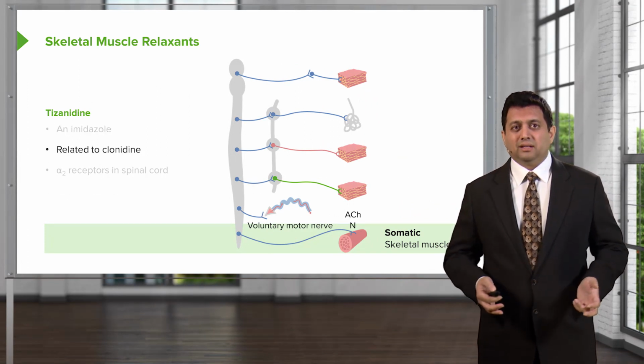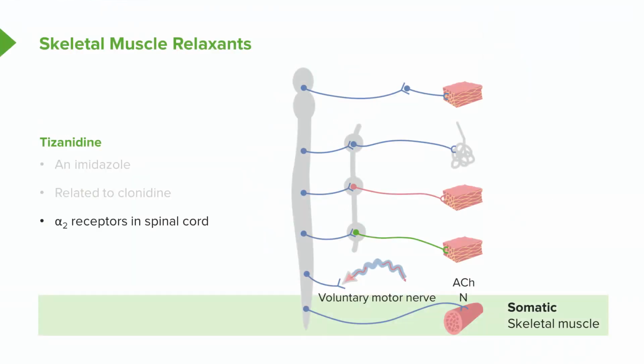It is related to clonidine in this sense, and it works on alpha receptors in the spinal cord. If you remember this particular image from our autonomic nervous system lectures, I have told you before that the voluntary nerves are not just in the sacrum as this image would suggest, but it's throughout the entire spinal cord. Remember that at the motor end plate, you have nicotinic cholinergic receptors that are active upon nerve stimulation.